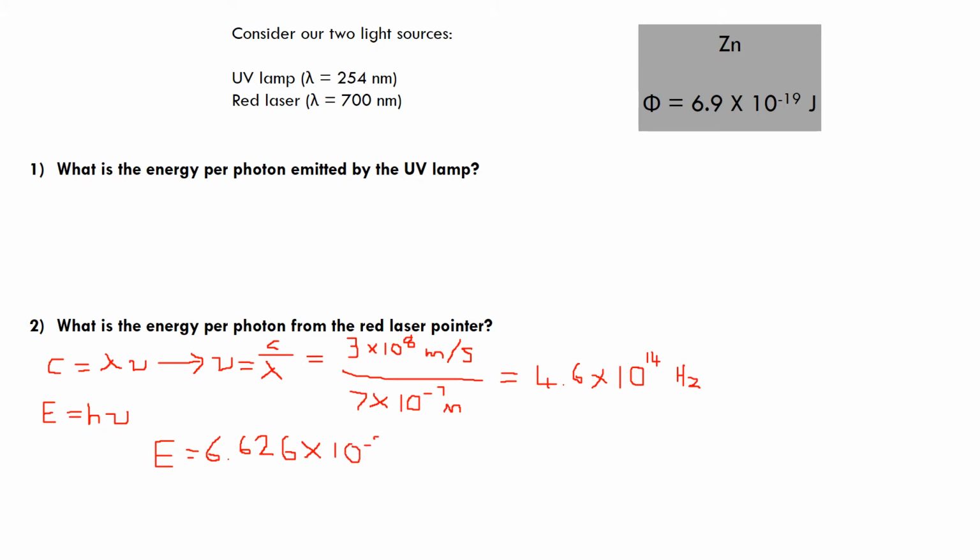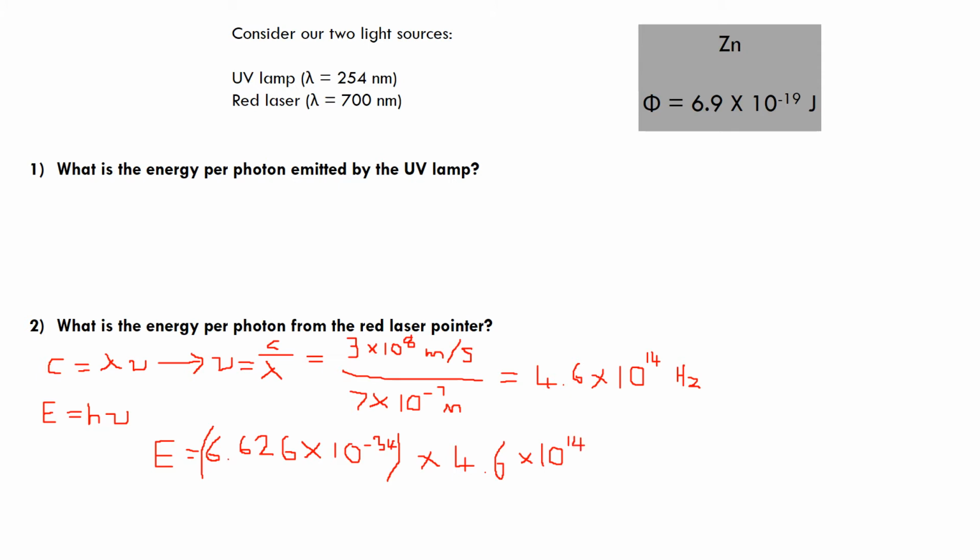And I'm going to multiply that by the frequency that I've just converted. Let's put those in brackets. Multiply that then by the frequency, 4.6 times 10 to the 14 hertz. And the value that I get is going to be in joules.